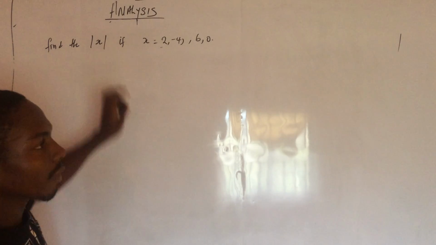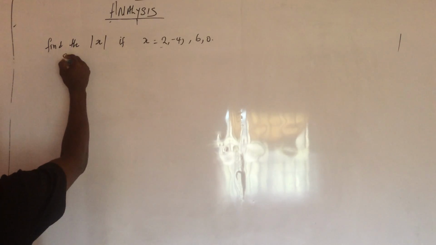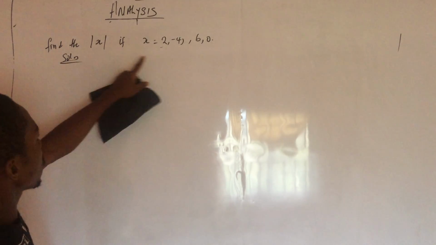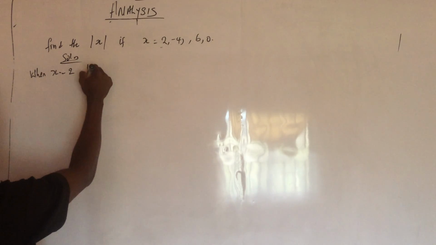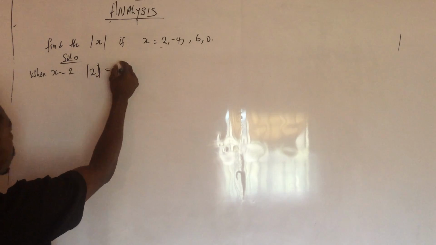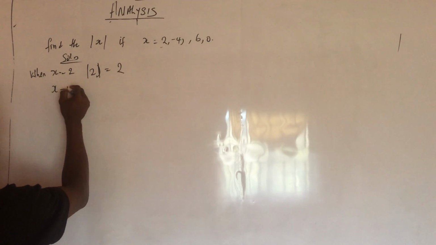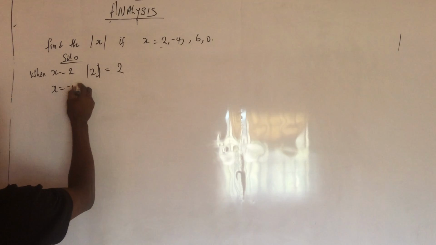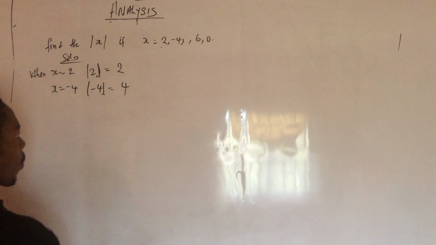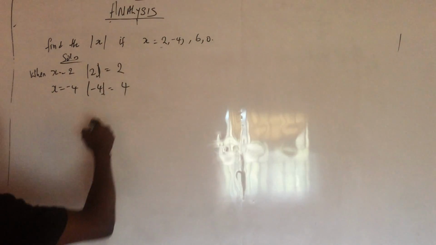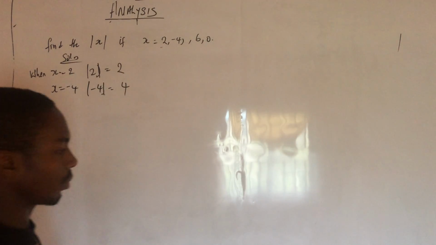This one is just simple. When x is equal to 2, the absolute value of 2 is equal to 2. When x is equal to minus 4, the absolute value of minus 4 is equal to 4. Now, I believe you can do the rest.